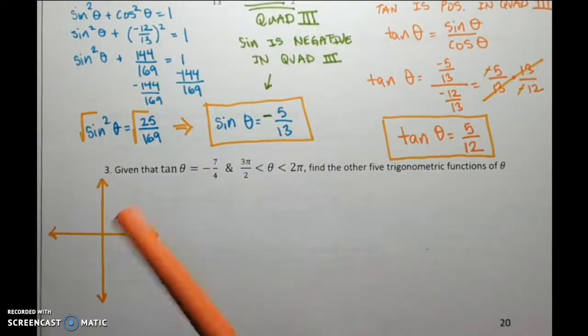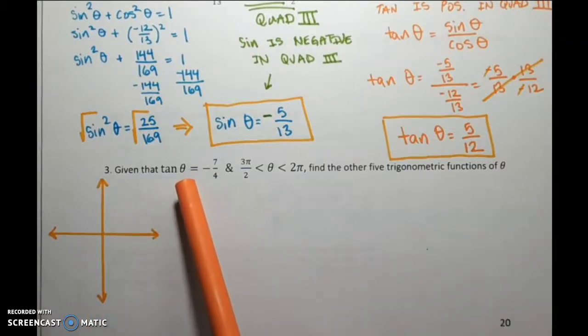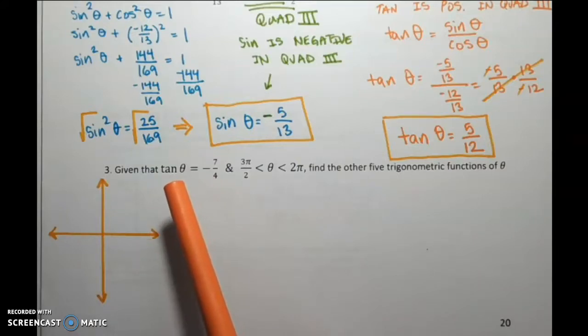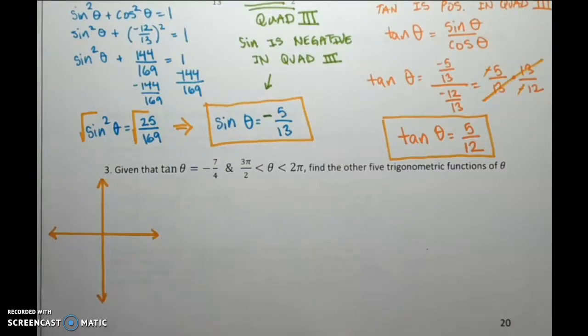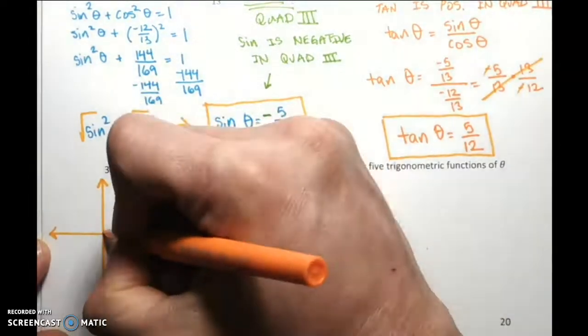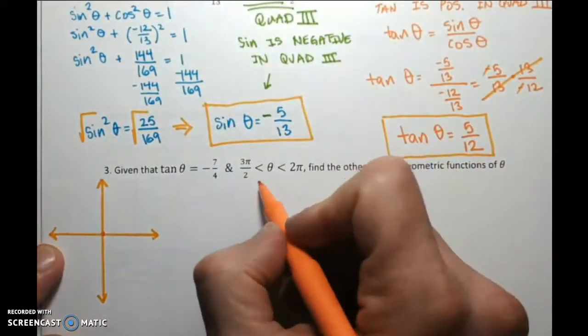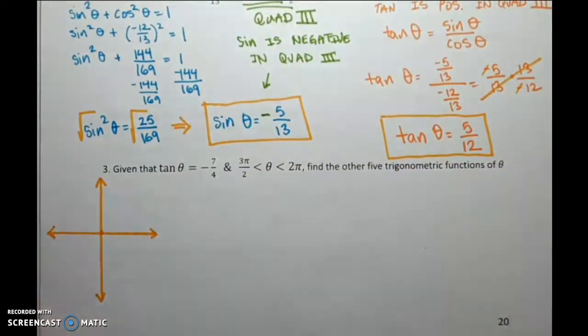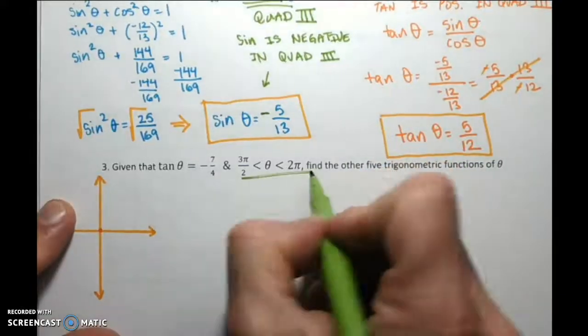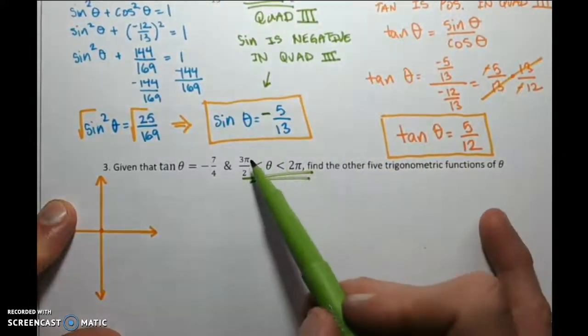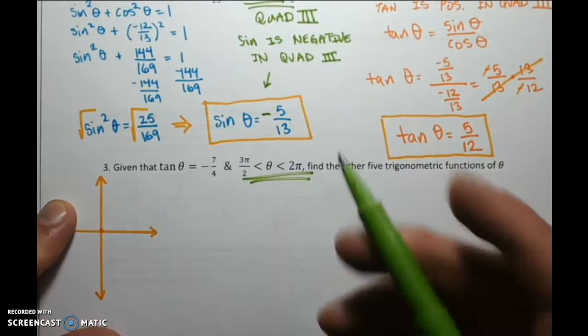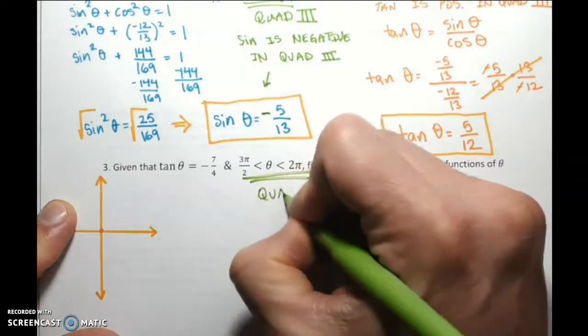Okay, so this time I am given tan theta, alright? So it doesn't work in our trig identity, the sine squared theta plus cosine squared theta equals 1. So now what I have to do is find basically r. So I have this point, and if I look right here initially, this is 1.5 pi to 2 pi, which is in quadrant 4.